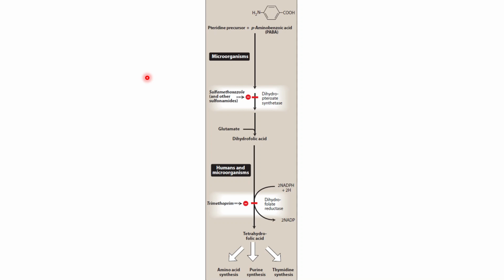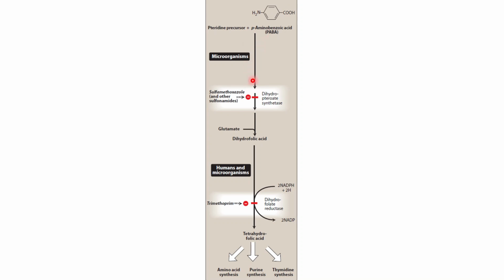So the next group is the folate antagonists, and this includes sulfonamides and trimethoprim. Microorganisms, unlike humans, cannot absorb folic acid from outside, so the cell wall is impermeable to folic acid, and that is why they have to produce folic acid from para-aminobenzoic acid.